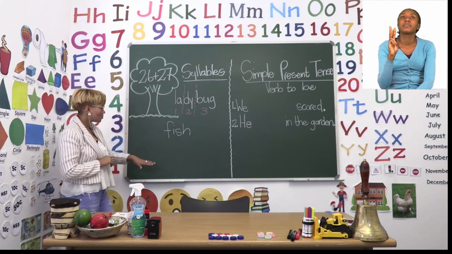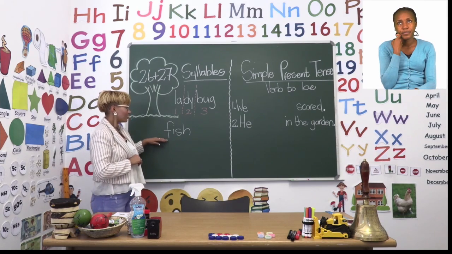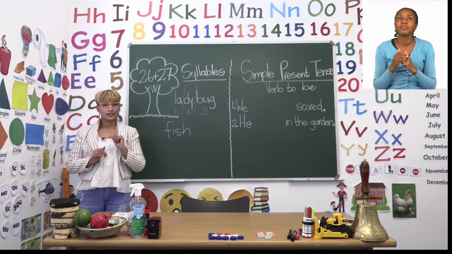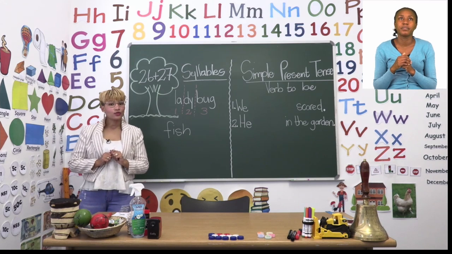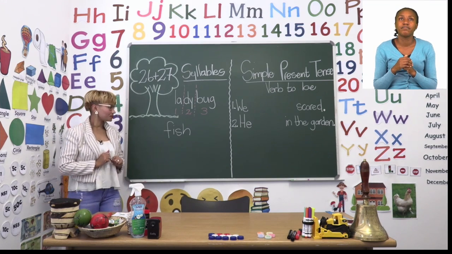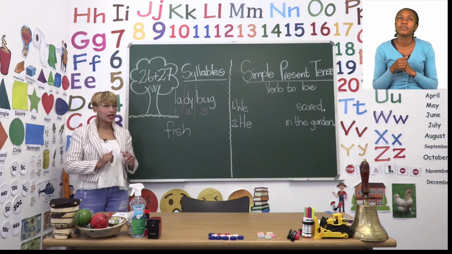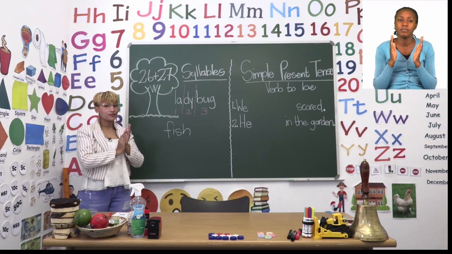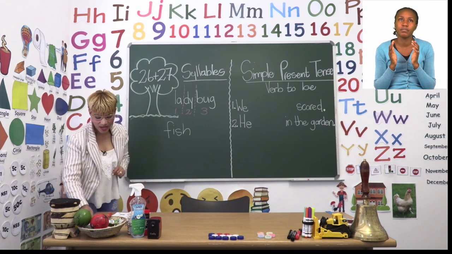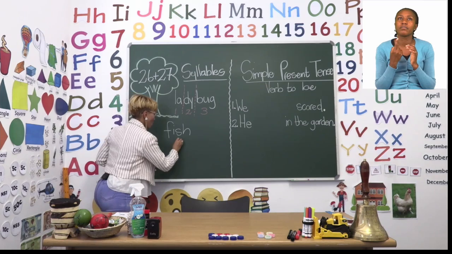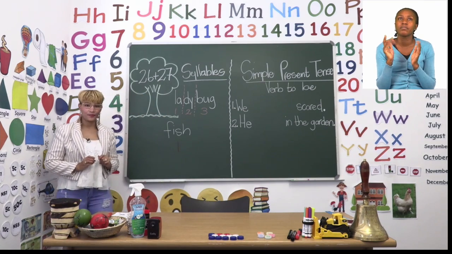Let's try the next word, which is the word fish. Let's say it together and then also clap together. Fish. Let's try. Fish, fish. Here we only have 1 syllable.